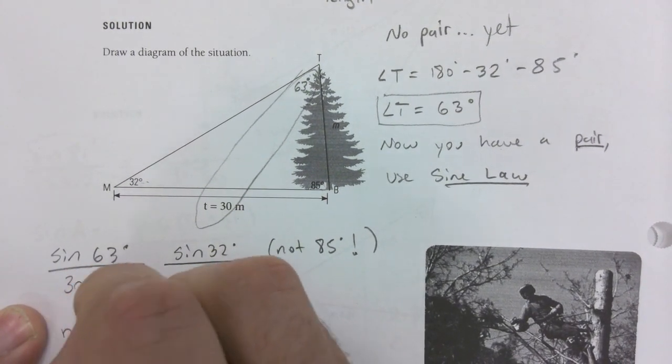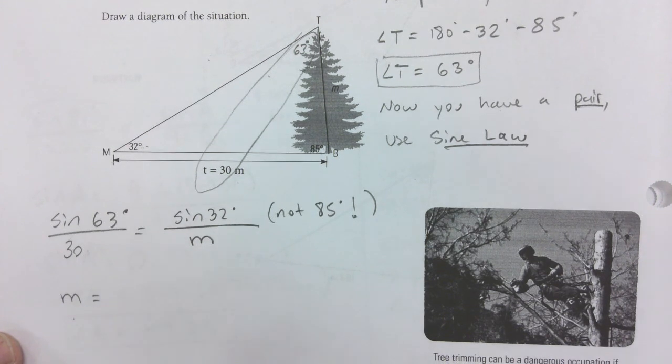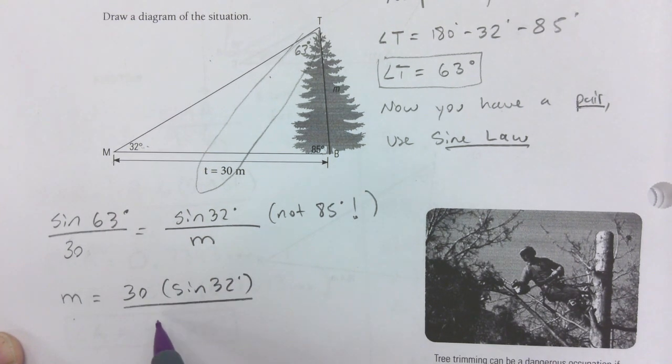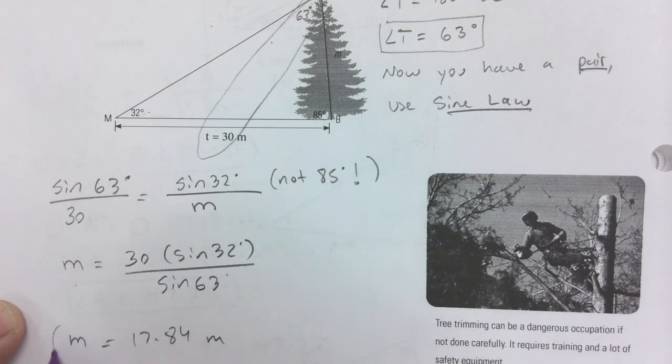That's why I never put the units down in my work. You don't need the units, just at the end, your final answer should have them. 30 times sine of 32 over sine of 63. And so M is 17.84 meters.